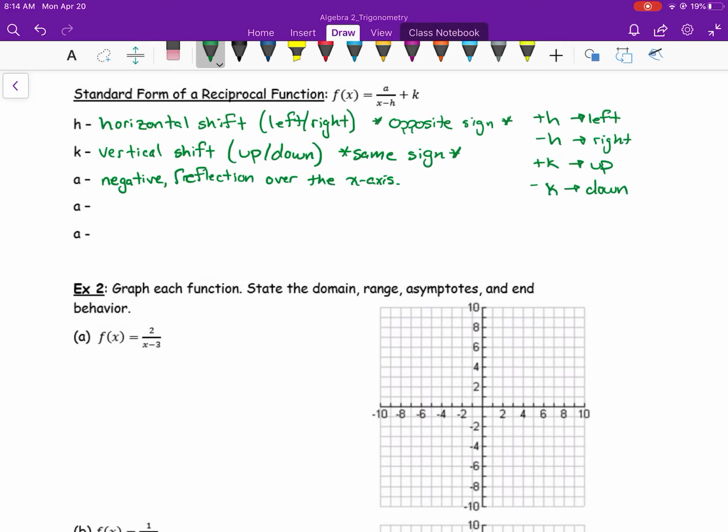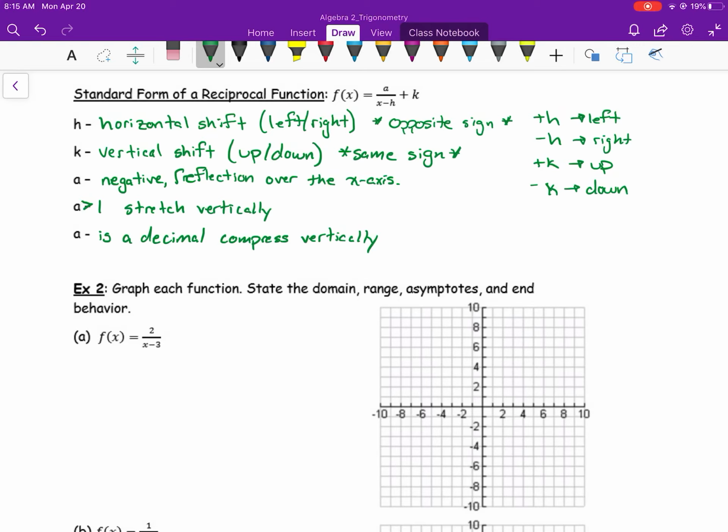And then the other part of a, if it's greater than 1, we stretch vertically. And if a is a decimal, we compress vertically.